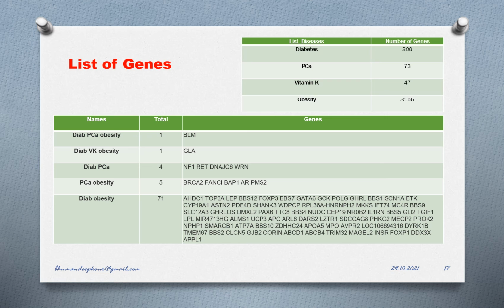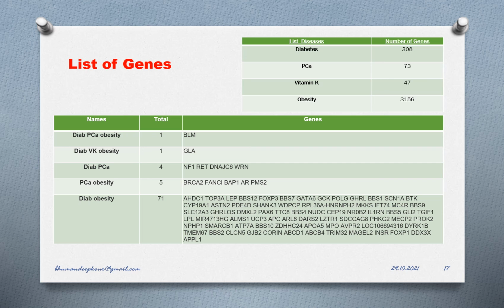From diabetes, prostate cancer, and obesity, we have one commonality; diabetes, vitamin K, and obesity 1; diabetes and prostate cancer 4; prostate cancer and obesity 5; and at last diabetes and obesity, which has shown the most commonality, that is 71. So we are going to correlate all this data and check how they impact each other.